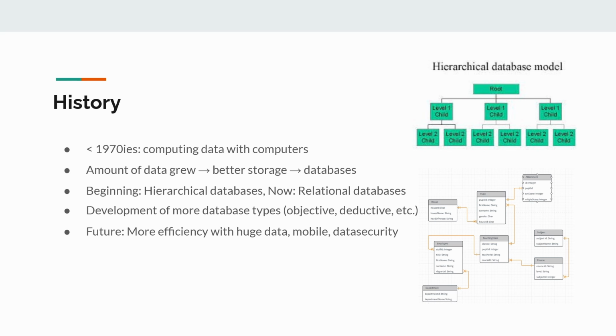A second point I think that's coming in the future are mobile databases, because life shifts even more to mobile as smartphones grow stronger and are getting more computing power. I think there are more and more databases that are suitable for mobile, and we can use them on our phones directly.